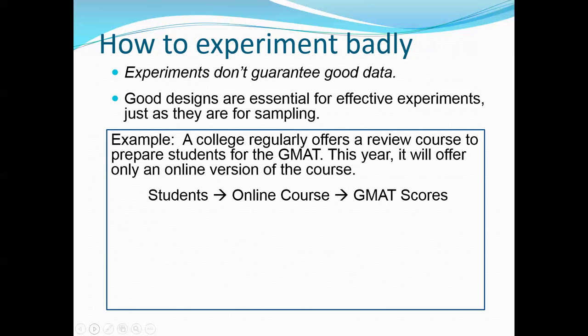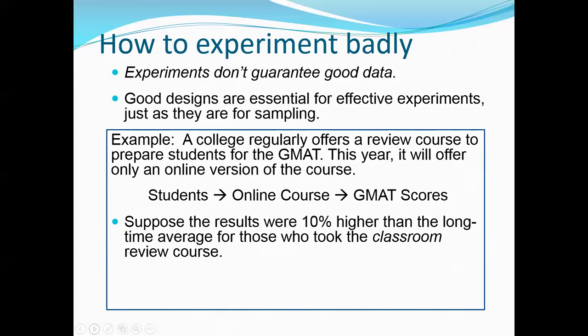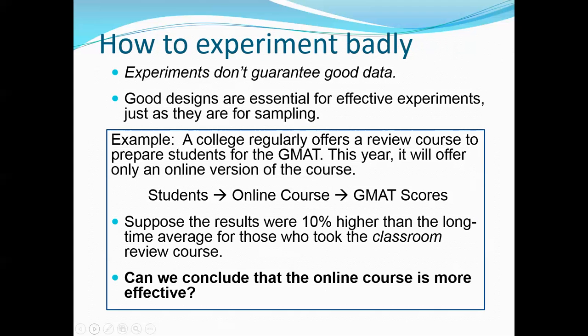This year, it will offer only an online version of the course. Suppose the results were 10% higher than the long-time average for those who took the classroom review course. Can we conclude that the online course is more effective?